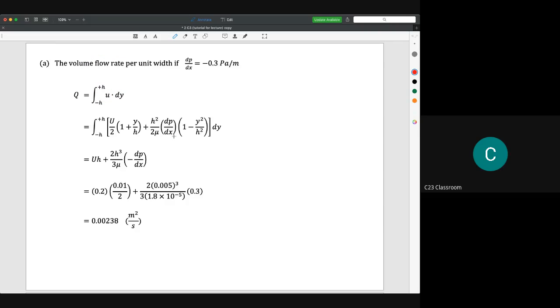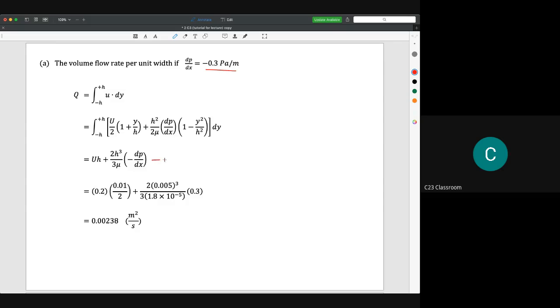We let dp/dx here be a term, not a constant, because we want to substitute this value. Then we could get this one.